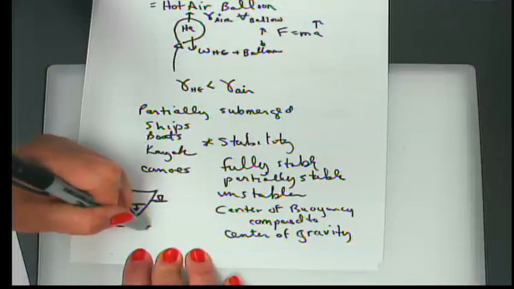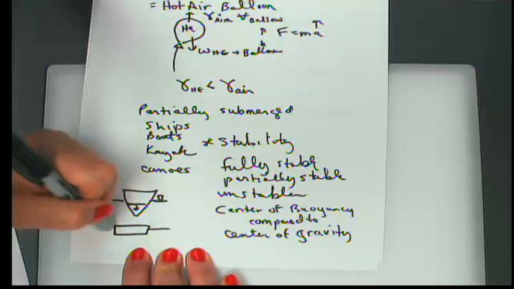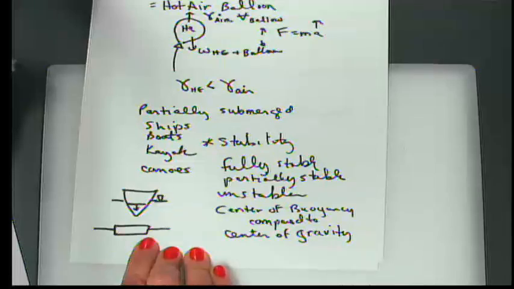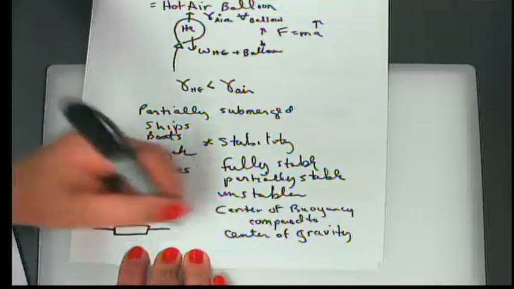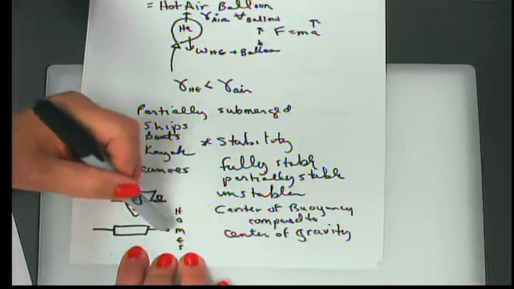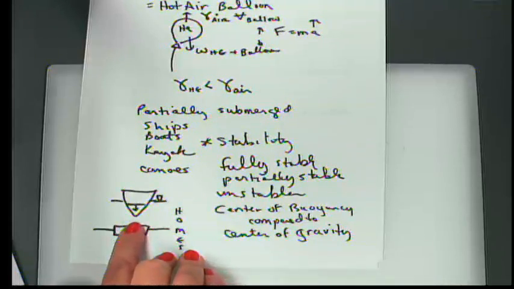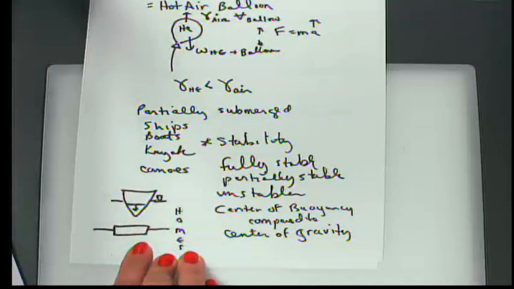If you have a ship, an example of this are ships that trade merchandise or that carry freight on the Great Lakes, Lake Michigan, what is it? HOMES. Huron, Ontario, Michigan, Erie, Superior. Big trade routes in the Midwest. Even though the lakes are very, very huge, they're not anywhere near as huge as the ocean. They have miles and miles of shoreline.